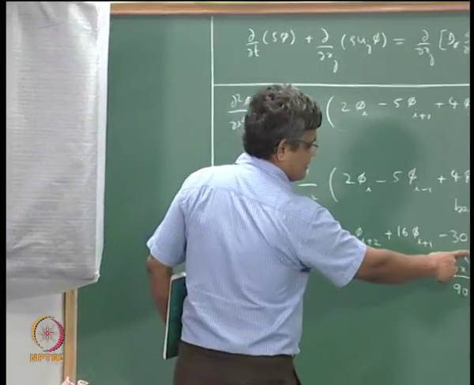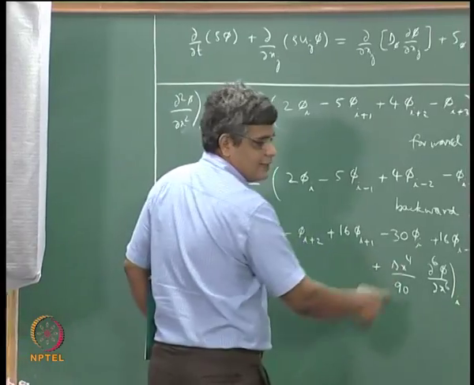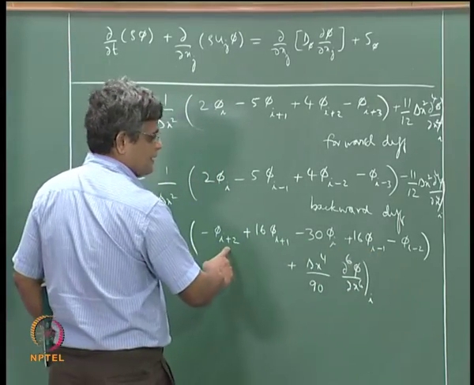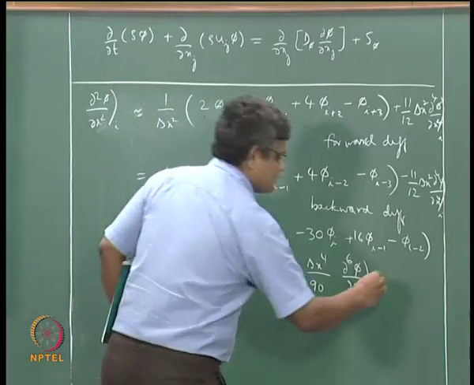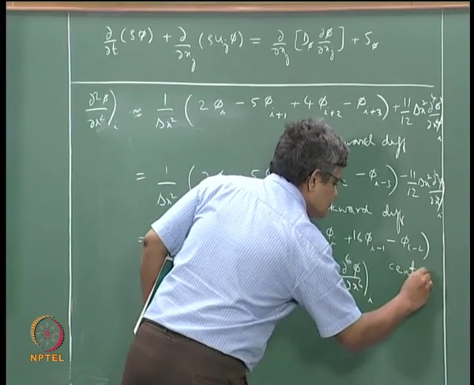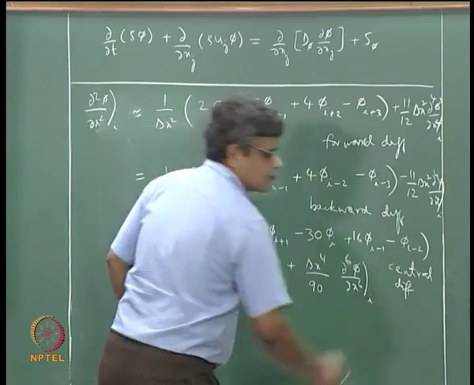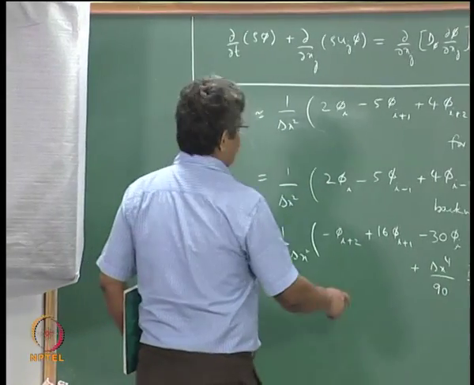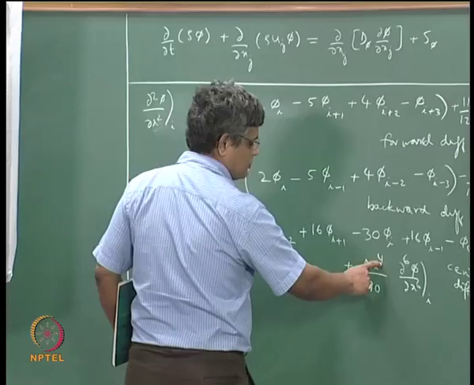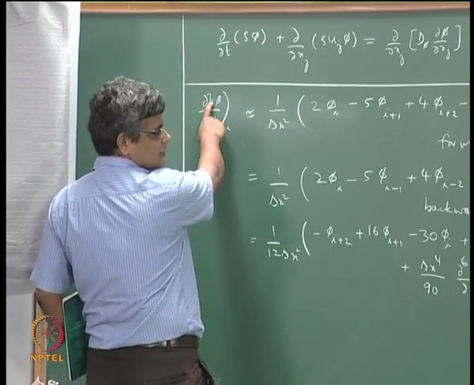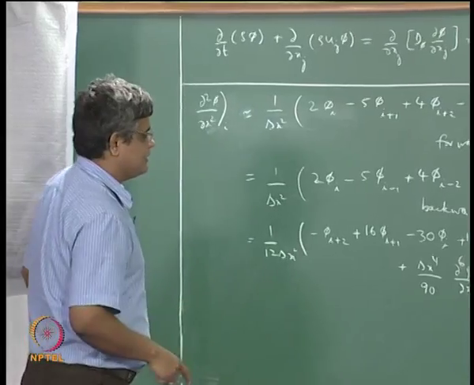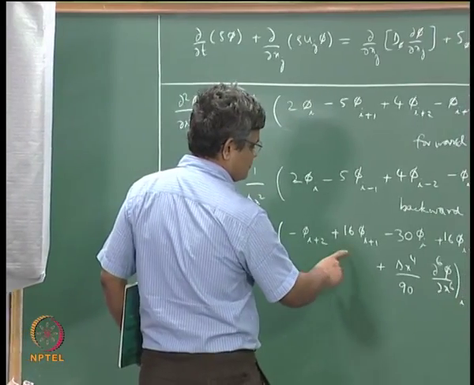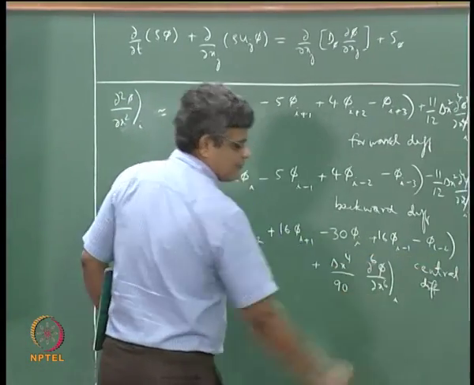And we can also see that we are evaluating the second derivative at point I, and in order to do this we have used points I minus 1 and I plus 1 and I plus 2 and I minus 2. So this is a central differencing formula which is fourth order accurate, so that means that order of accuracy q is equal to 4 and second derivative. So the number of points required for a central differencing will be p plus q minus 1, that is 5, and we can see the 5 points I plus 2, I plus 1, I, I minus 1 and I minus 2.